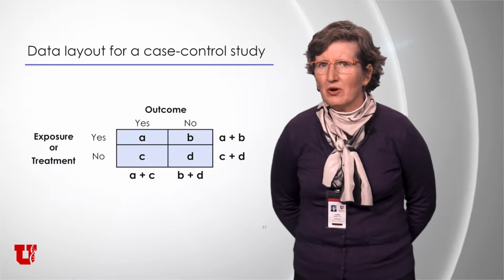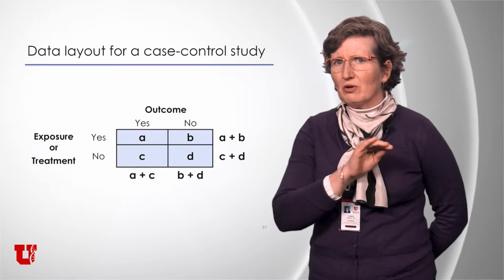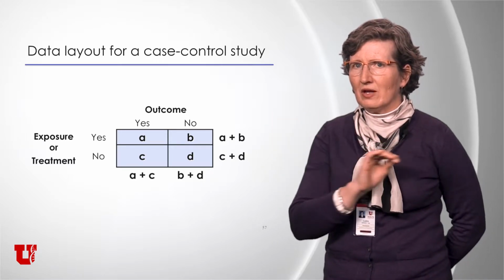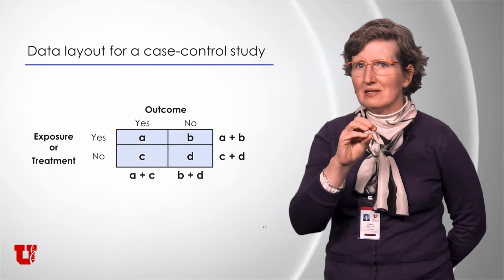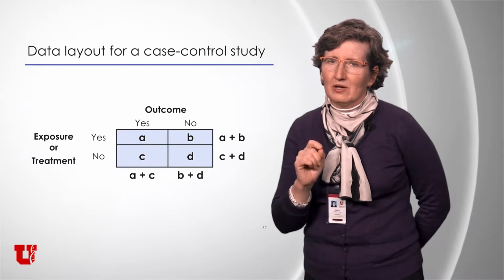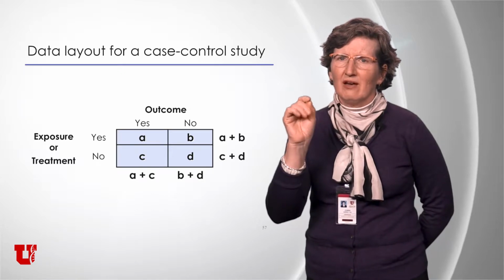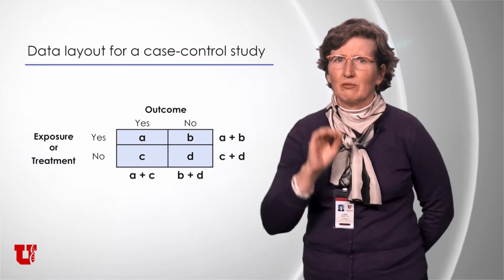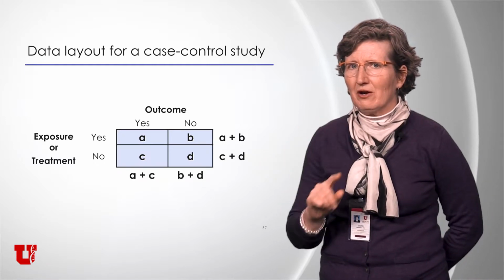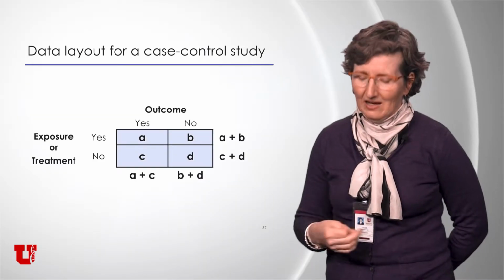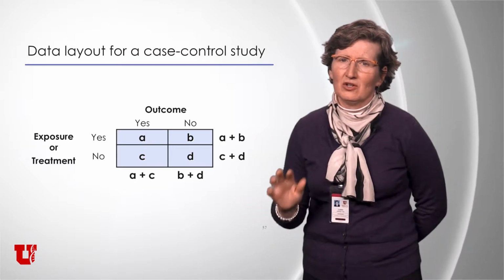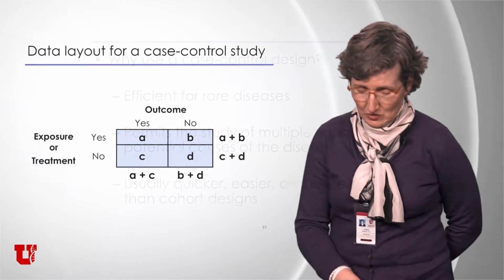Remember that in a cohort or a randomized trial, we can go across the table and look at the exposed category or the unexposed category and know the number of incident cases compared to the population at risk. We don't know that in a case control study because we do not have the full cohort. We only have that random sample. So we can't know the incidence of disease, but we can still compare the odds of exposure in the diseased and the odds of exposure in the non-diseased. And again, the lecture on measures of association will come back to those quantitative issues.